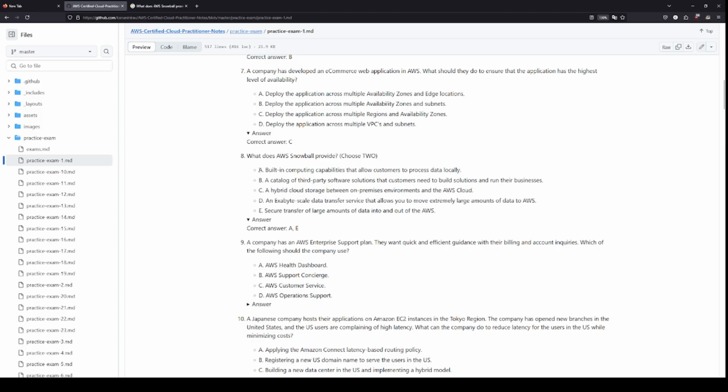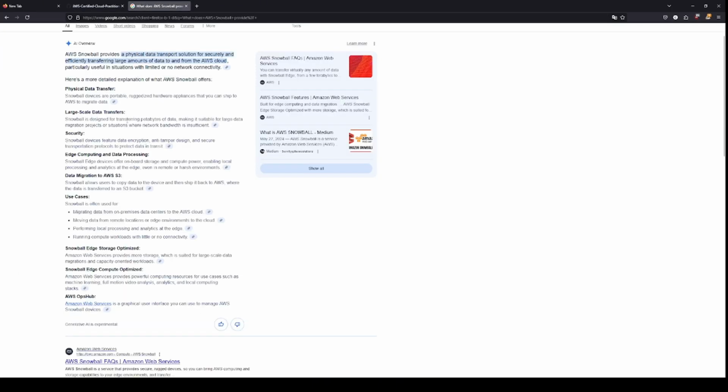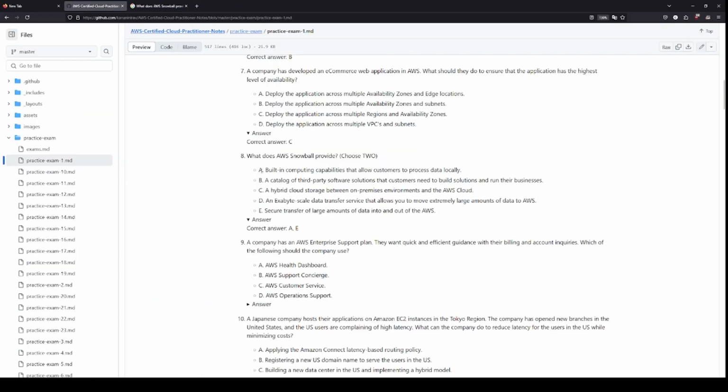So yes, this is A and E. And according to Google AI here, it provides edge computing and data processing. So Snowball Edge devices offer onboard storage and compute power, enabling local processing and analytics of data at the edge. So this is A and E.